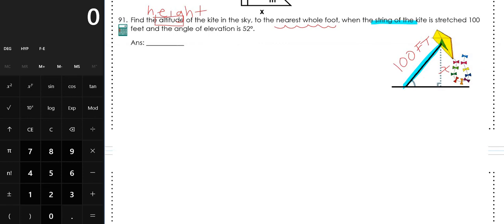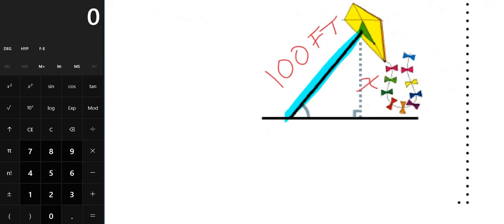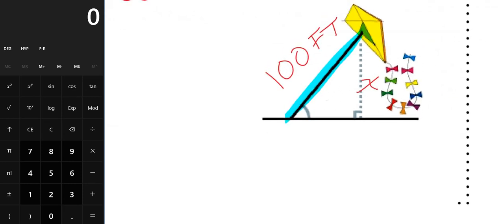And the angle of elevation is 52 degrees. So that's the other measurement that they give us. Angle of elevation is always along the ground, along the horizontal line, and your hypotenuse. So if I zoom in on this, my 52 degrees is going to be right here. It's going up from your horizontal.